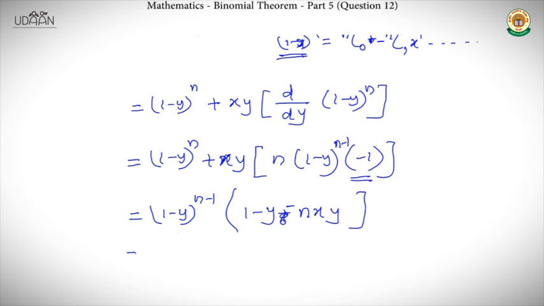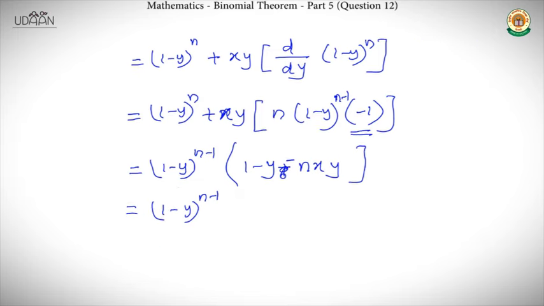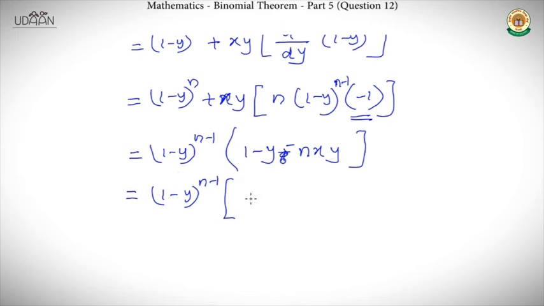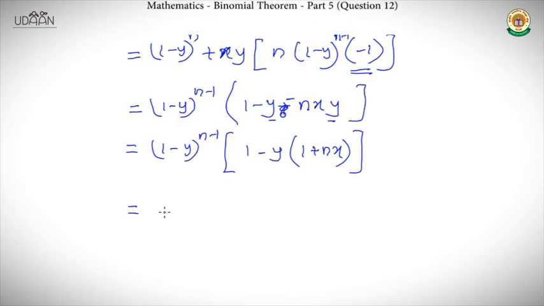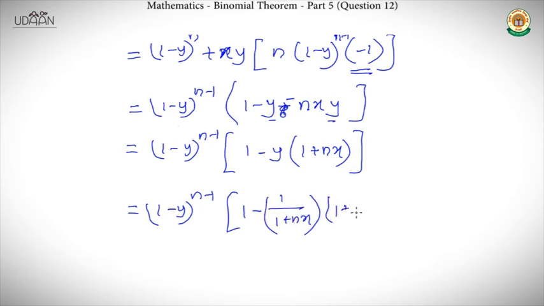So 1 minus y whole raised to n minus 1, and after this it is just rearranging. So from this we'll take y common, y in bracket 1 plus nx, and just put the value of y. So we'll get s equals 1 minus y whole raised to n minus 1 in bracket 1 minus 1 by 1 plus nx into 1 plus nx.